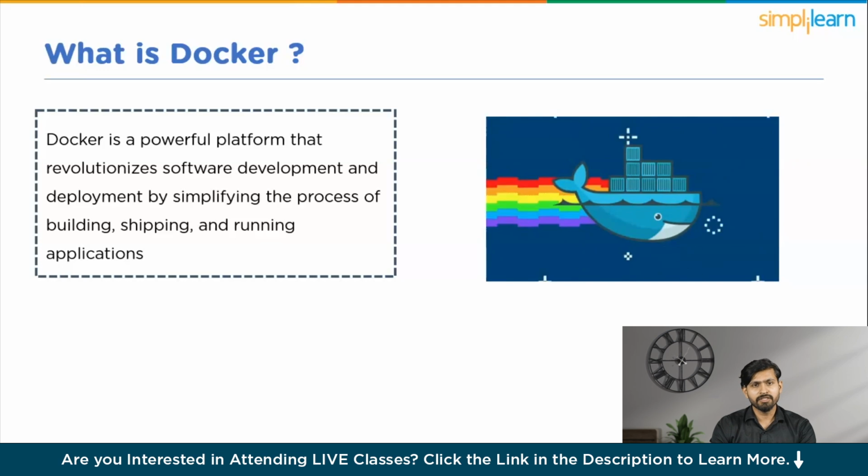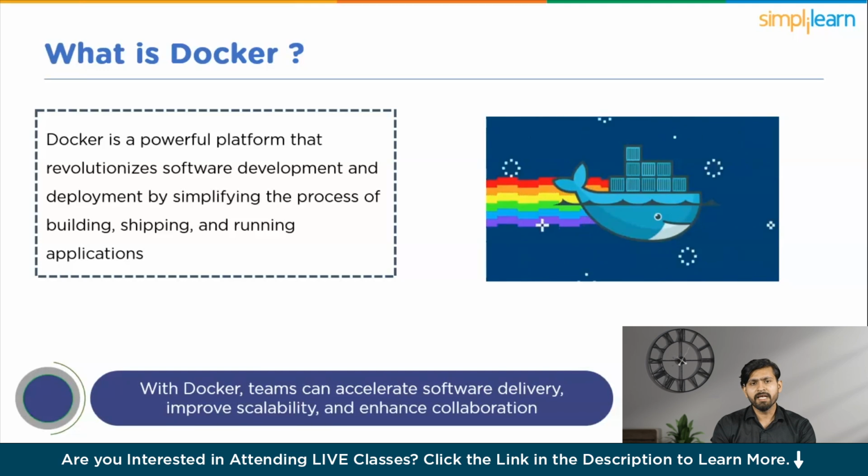Unlike traditional virtual machines, Docker containers share the host system kernel, making them extremely efficient and fast to start up. Docker enables developers to package their applications and dependencies into easily distributable images, which can be deployed seamlessly across any infrastructure, from local development environments to public or private clouds. With Docker, teams can accelerate software delivery, improve scalability, and enhance collaboration between development, operations, and quality assurance teams, ultimately leading to faster innovation and more reliable software releases.